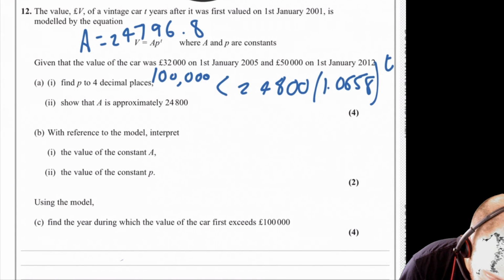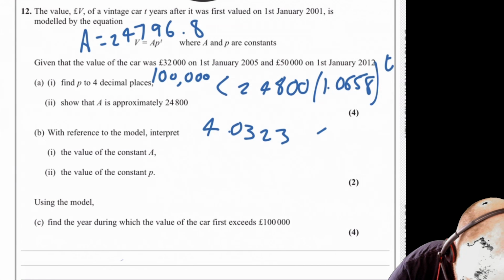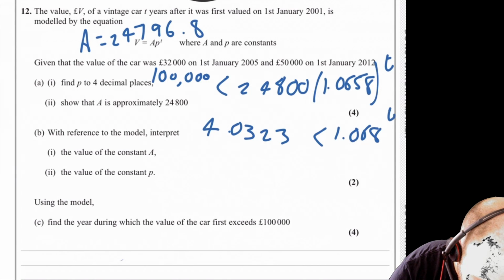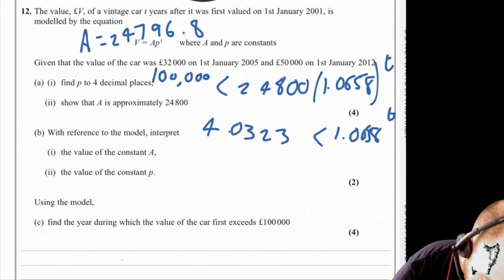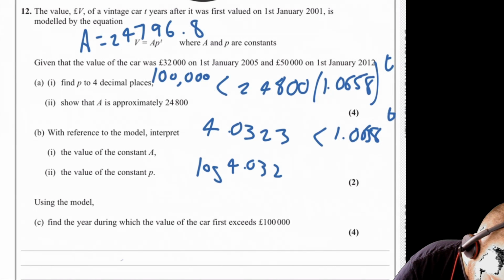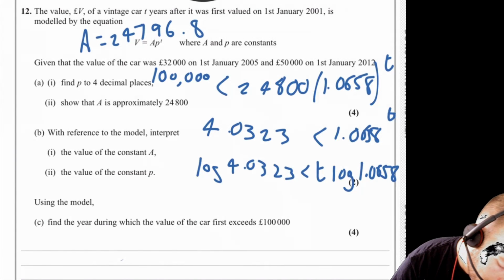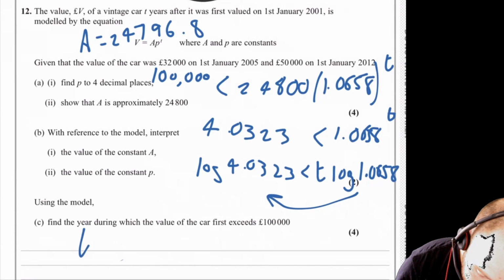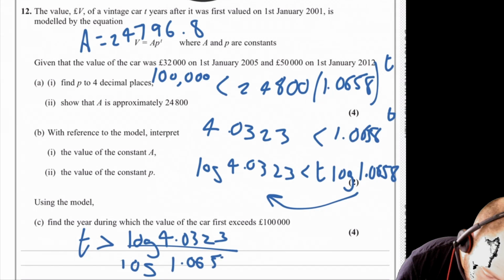So 100,000 divided by 24,800 gives me 4.0323 less than 1.0658 to the power t. We're going to log both sides and use the power rule there. So I've brought the power t down. We're going to divide both sides. So we get t needs to be greater than log of 4.0323 divided by log 1.0658.